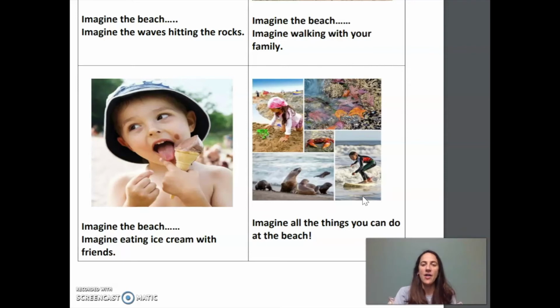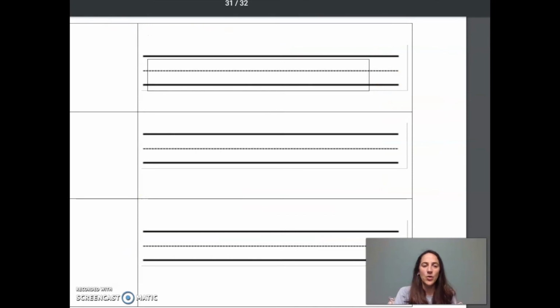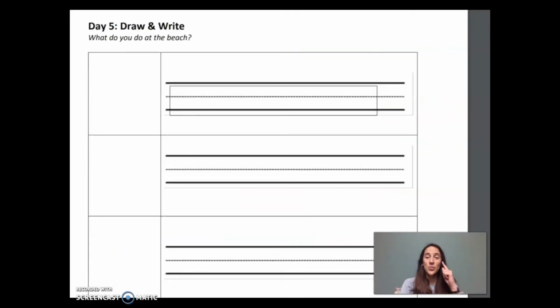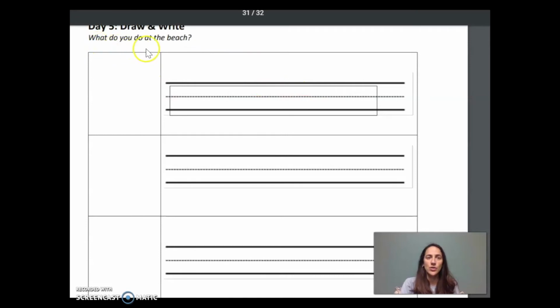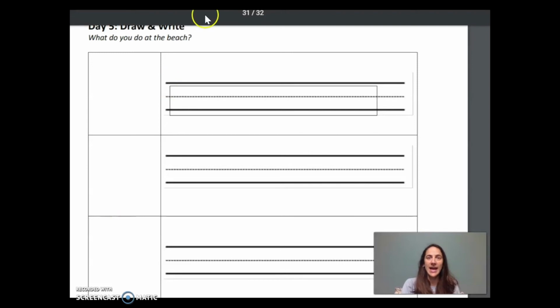Imagine all the things you can do at the beach. Now we want to talk about what we can do at the beach. Here we're going to draw a picture and write, answering the question, what do you do at the beach? Let's use the book to help us.